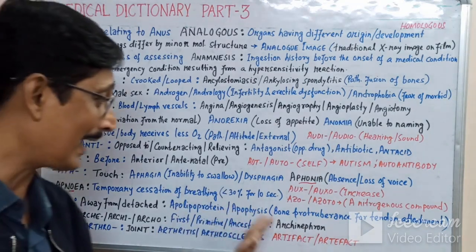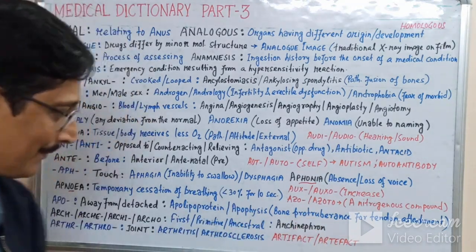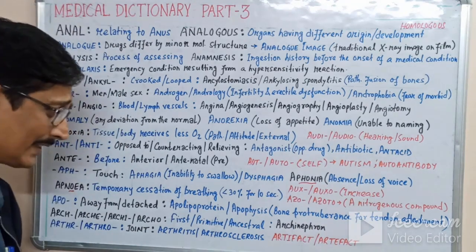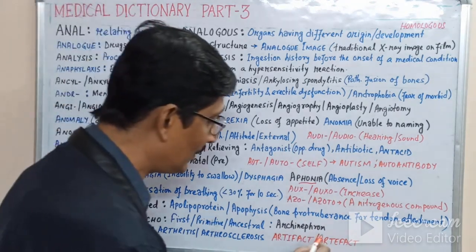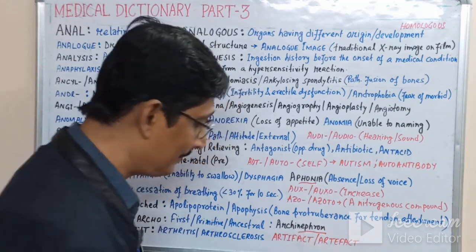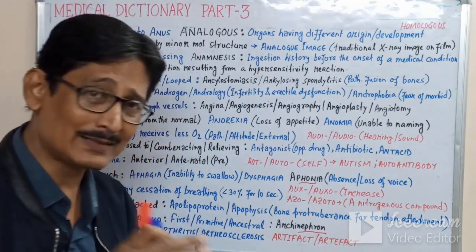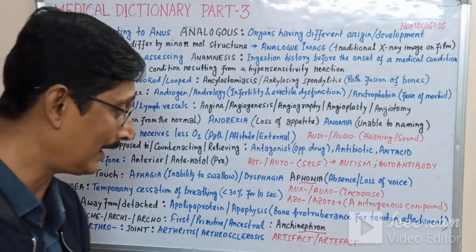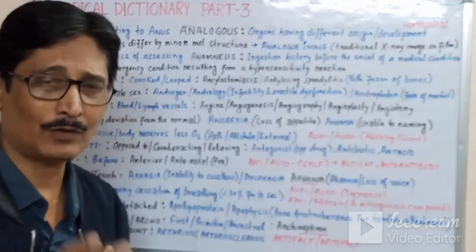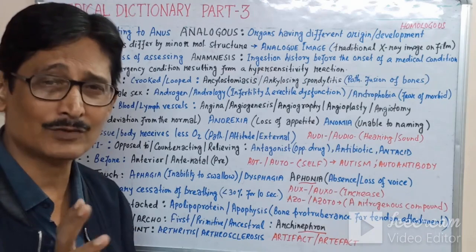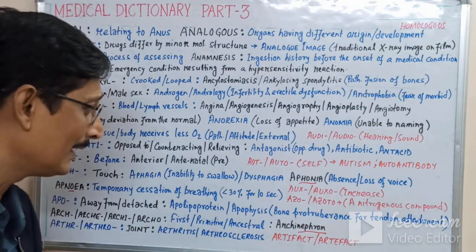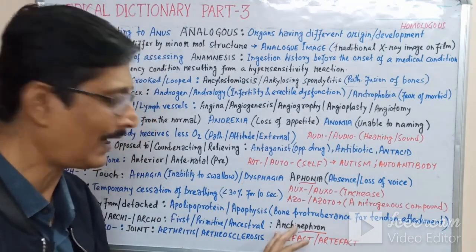Archinephron is the primitive condition when a baby is in the mother's womb, as soon as the kidney is going to develop, this condition we call archinephron.